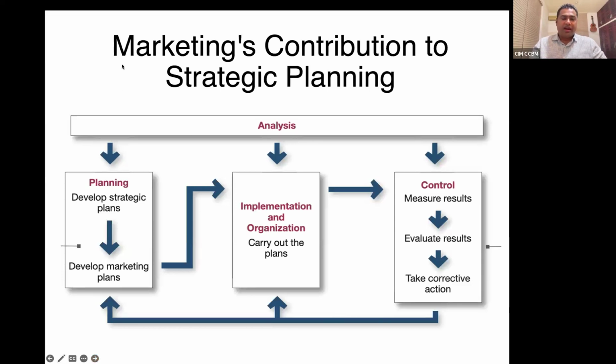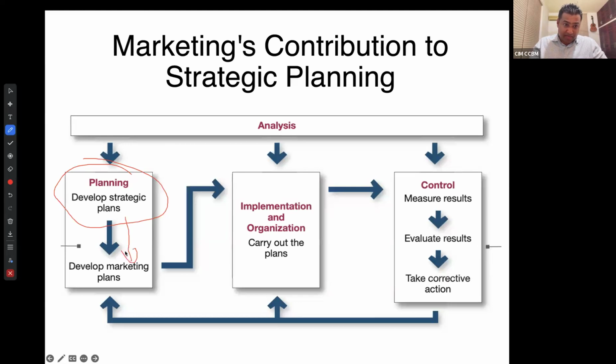If you look at it as a diagram, Kotler has put forward this diagram in terms of marketing's contribution to strategic planning. So you have the overall strategic plan, and then you develop the marketing plan based on the strategic plan.